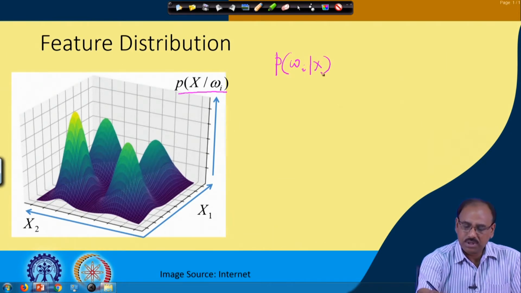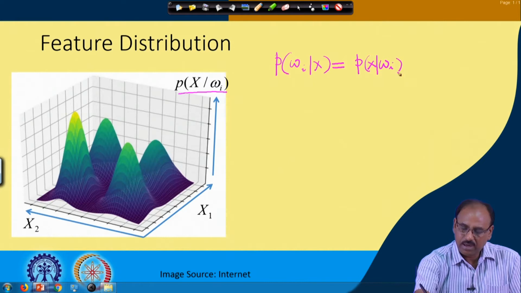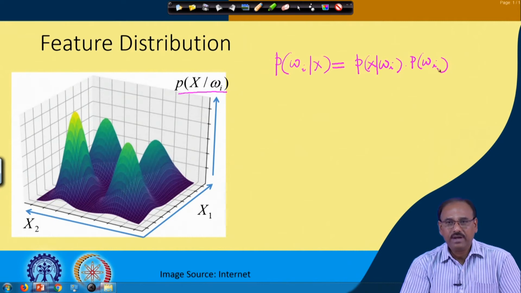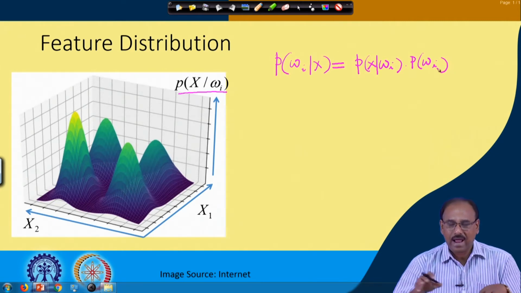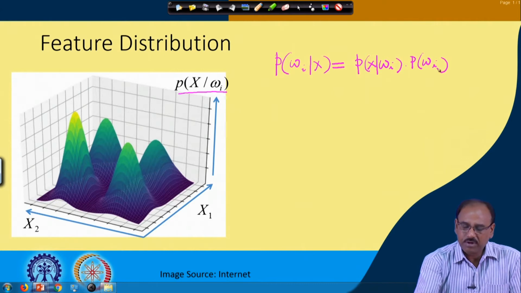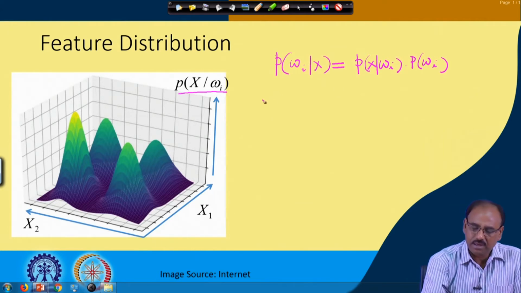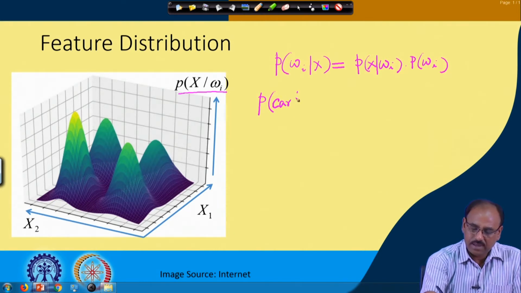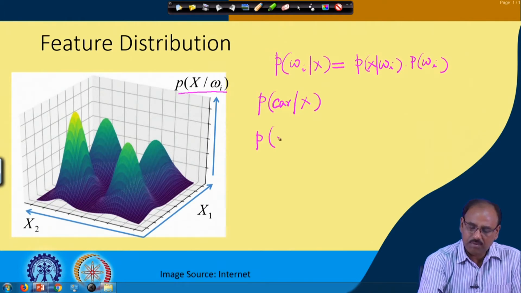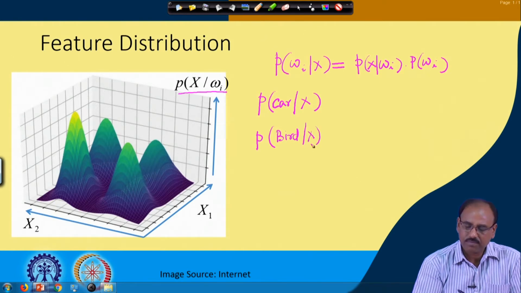We have shown using Bayes rule that this is nothing but P of x given omega i into the a priori probability of omega i. So, given two classes, say birds and cars, I have to compute, for an unknown feature vector, P of car given x, and I also have to compute P of bird given the same x.